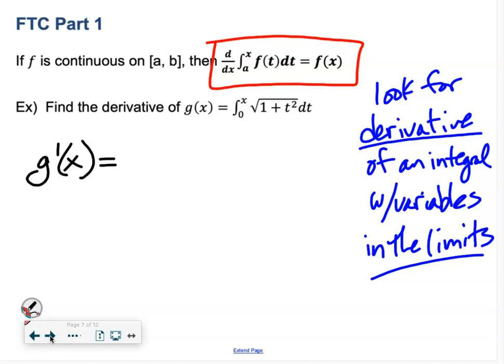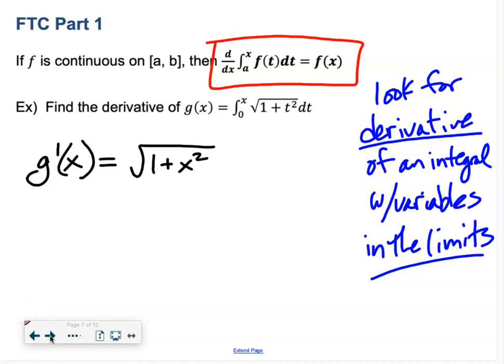What does that mean? All you're doing is taking your f and changing the variable to an x. Done. It almost feels so easy, it feels wrong, right? Okay.